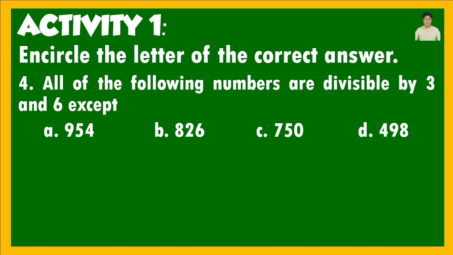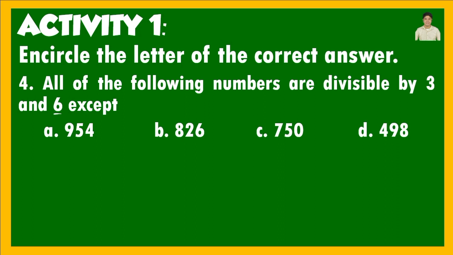So, hinahanap natin yung nag-iisang number na hindi divisible sa 3 and 6. Okay. Check natin. So, divisibility rule by 3. Okay. So, tsaka 6. So, i-consider natin dito yung divisibility by 6 muna.